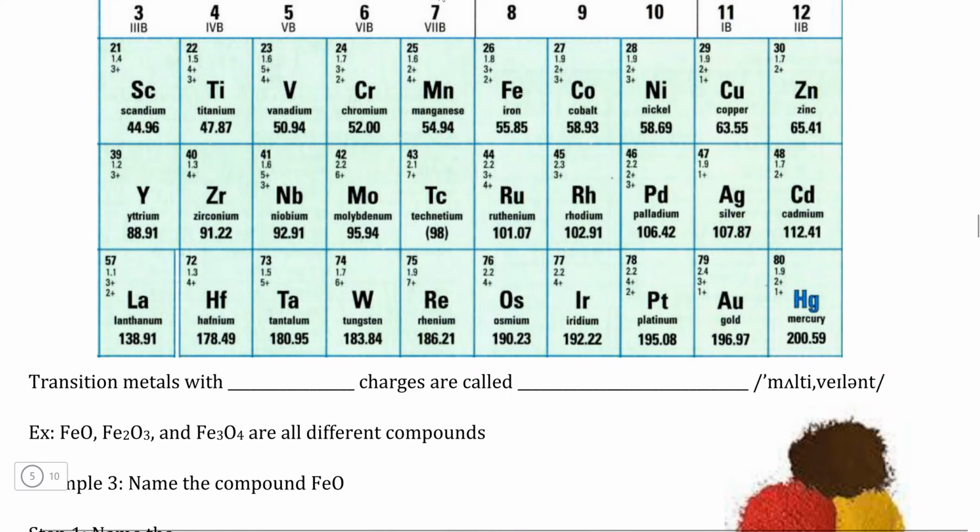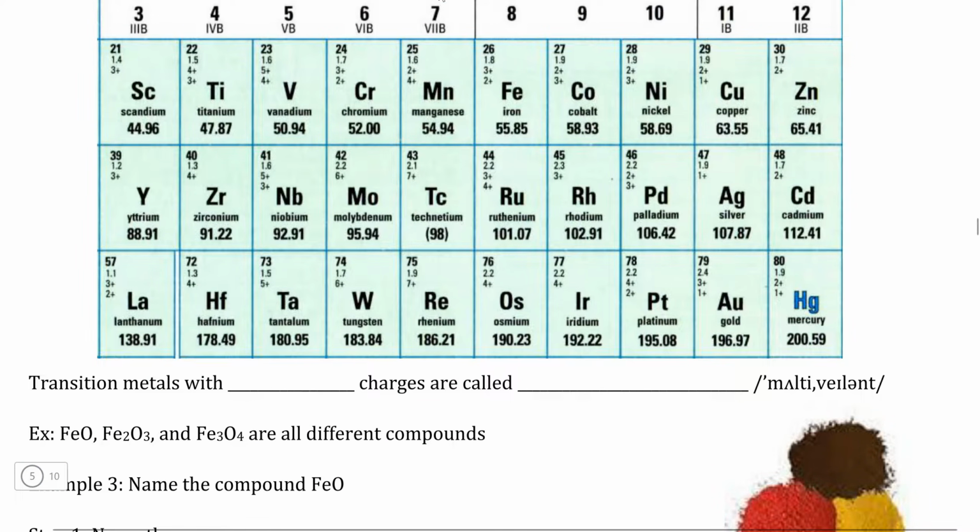Now, the details involving transition metals that make them a little bit more complicated to name when they are part of ionic compounds has to do with their charges. For example, if we take a look at the element iron, we can see that unlike the alkali and alkaline earth metals that only have one specific charge, iron is an example of a transition metal that actually has multiple charges.